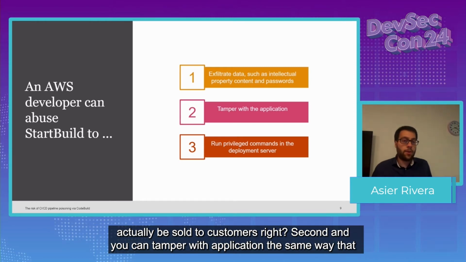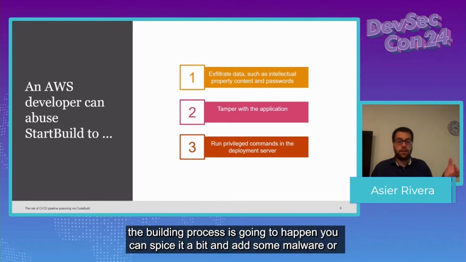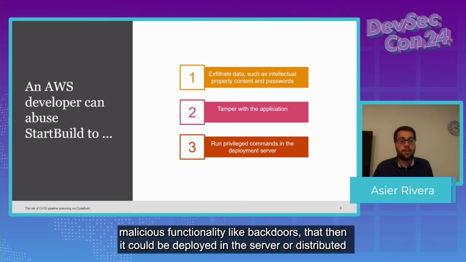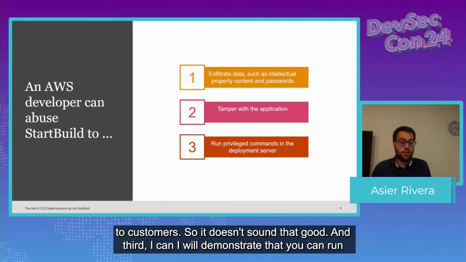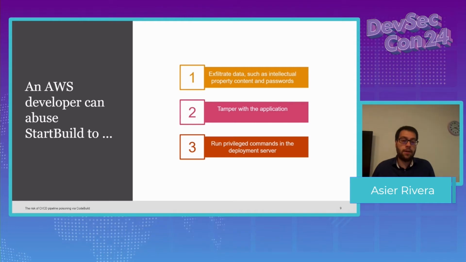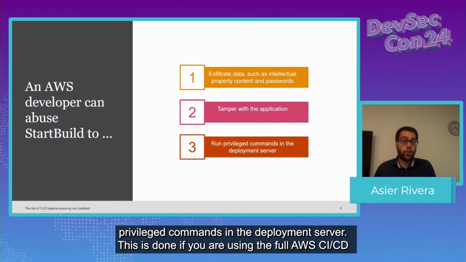Second, you can tamper with the application. The same way that the building process is going to happen, you can spice it a bit and add some malware or malicious functionality like backdoors, that then could be deployed in the server or distributed to customers. So it doesn't sound that good. And third, I will demonstrate that you can run privileged commands in the deployment server.